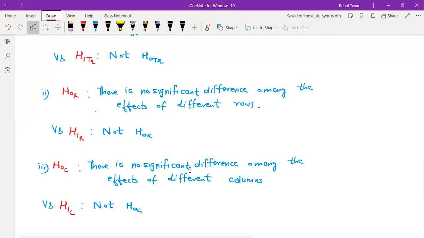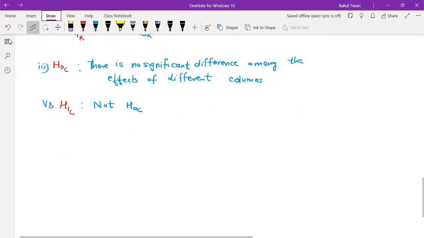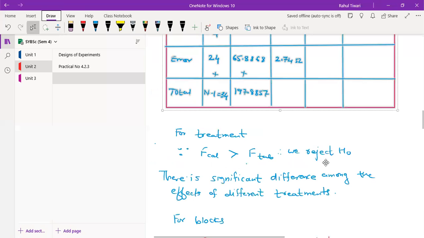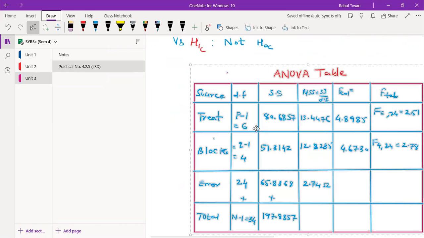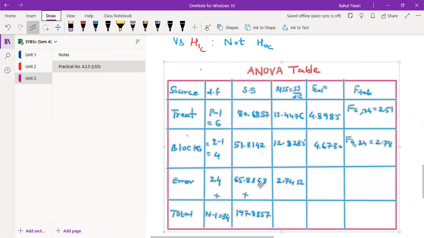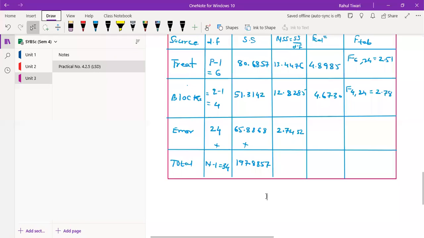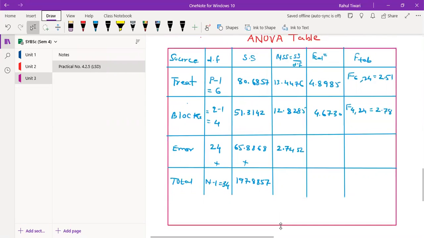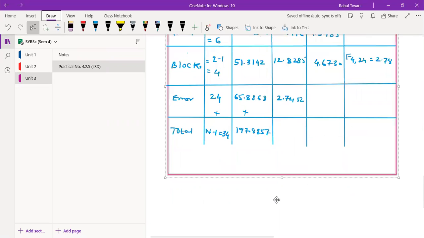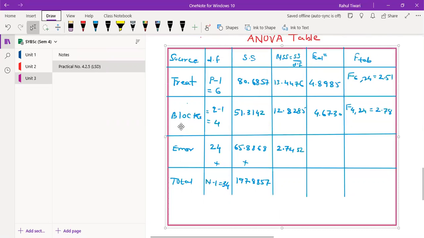Okay, and now we have to paste that table, which is called the ANOVA table. I feel there's one more entry we have to add here, rows, columns, right?